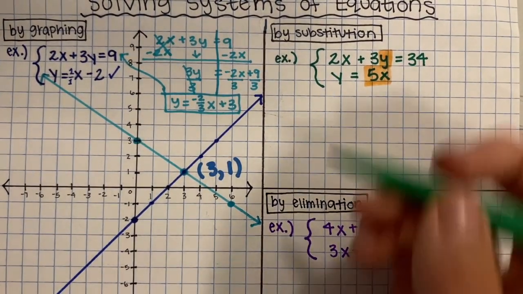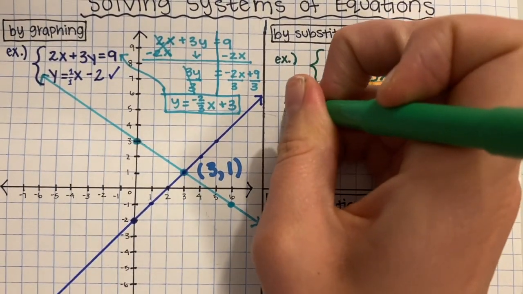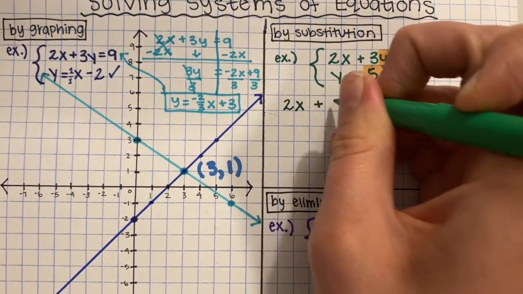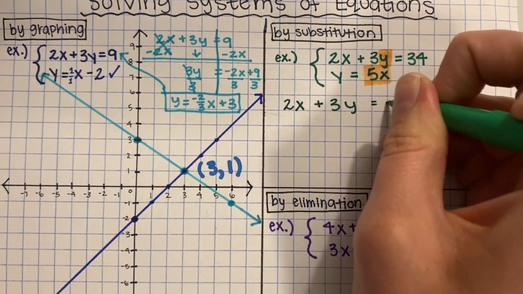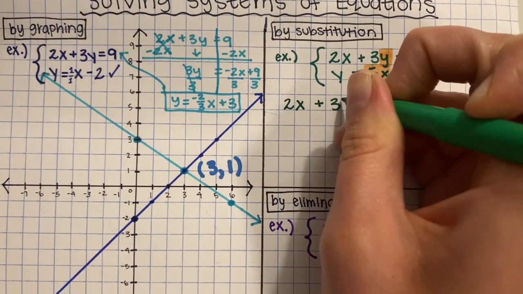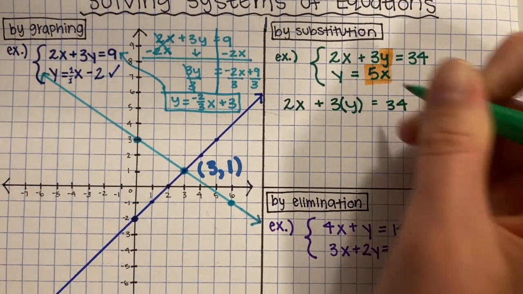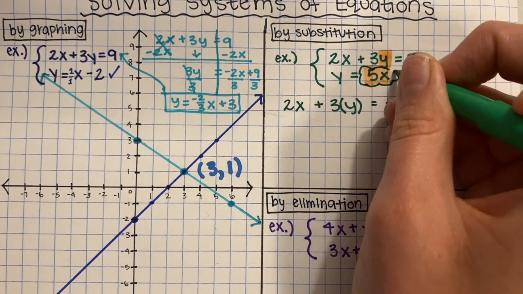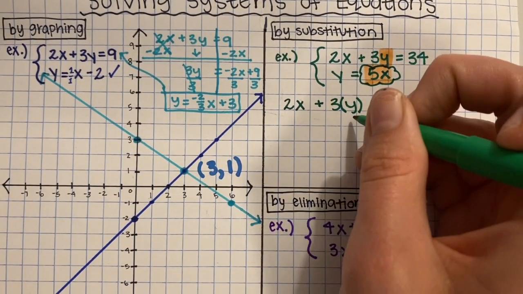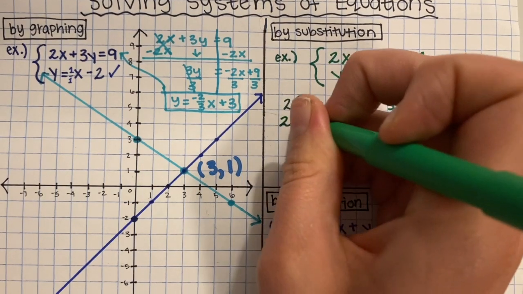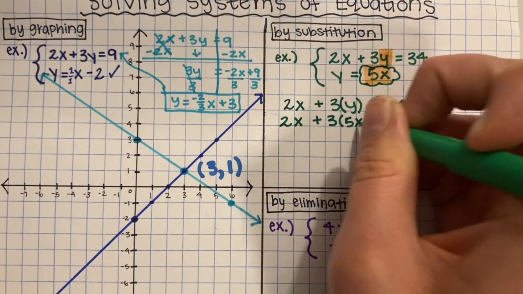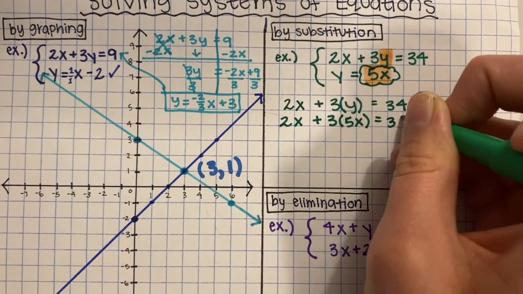So what that would look like is I would just solve for x. So we have 2x plus 3y equals 34. I'm substituting in my other equation's value of y, which is 5x, for that y. So this is going to become 2x plus 3 times 5x equals 34.